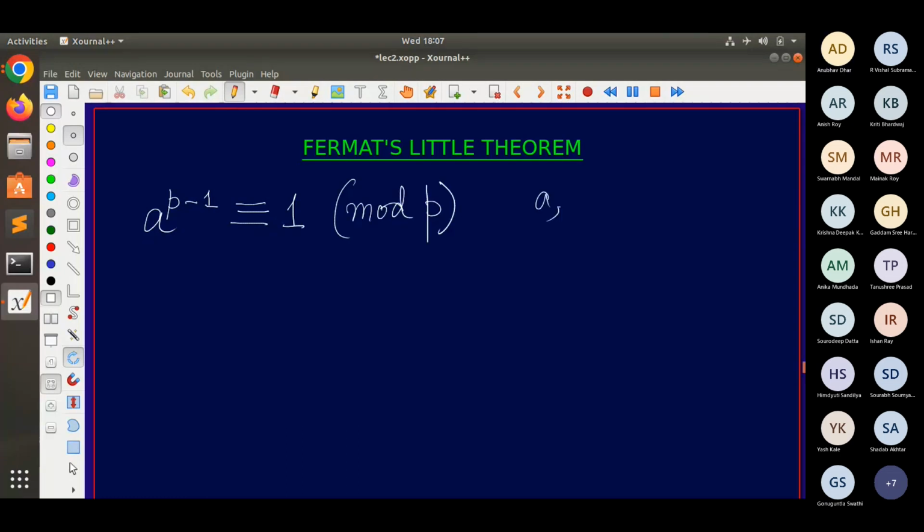So a is some integer, p is a prime, and a and p are coprime.